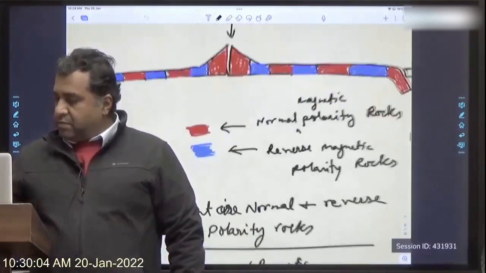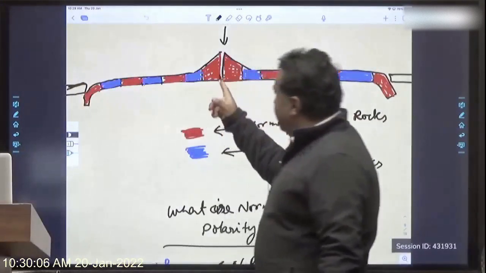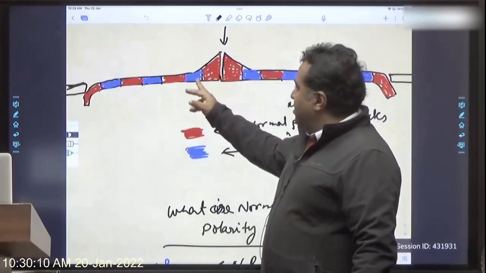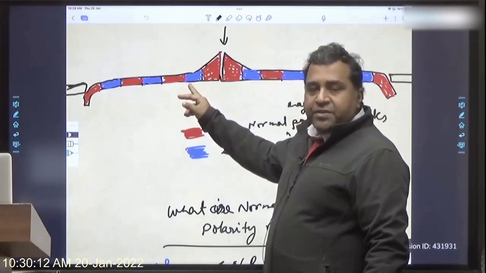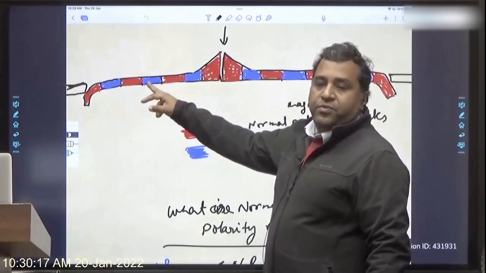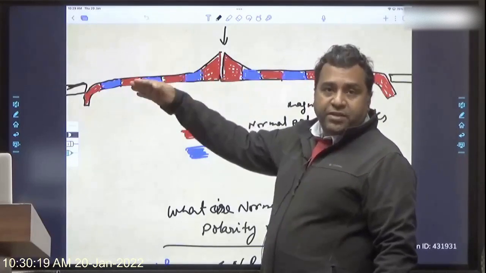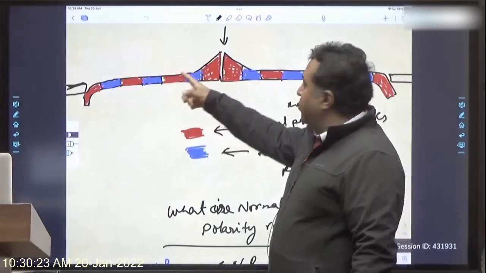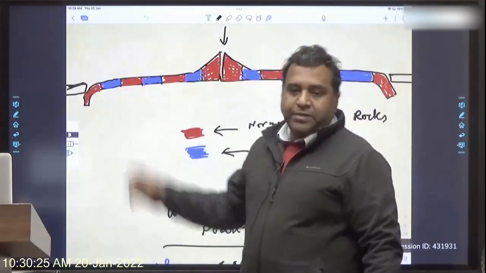So newest eruption here, present eruption here, so present polarity here, and as you go away, these rocks might have been formed a few lakh years earlier on both sides, so they have a reverse polarity. The ones before them might have been formed another few lakh years earlier, so maybe reverse to reverse, that is again normal polarity, and so on. So alternate bands.